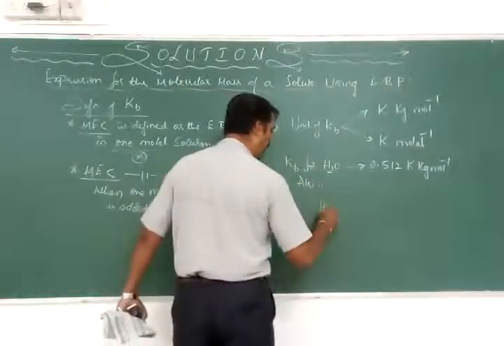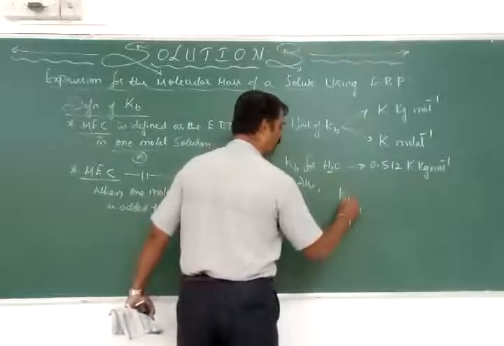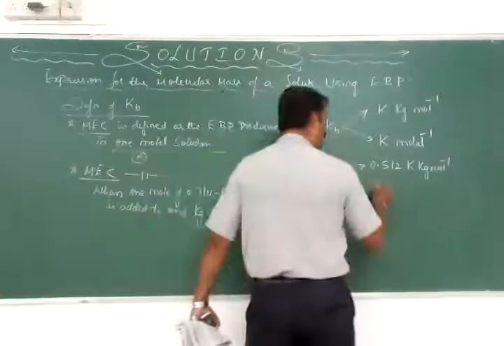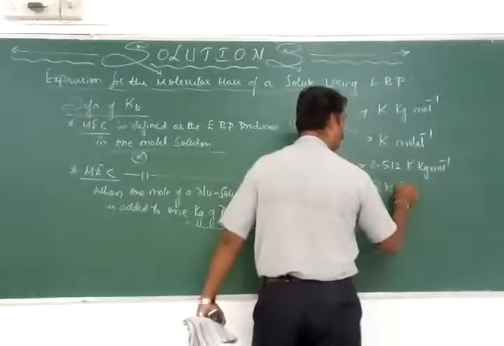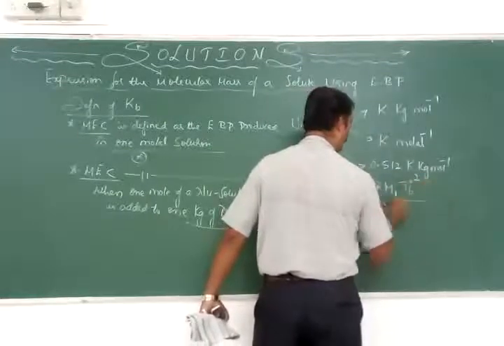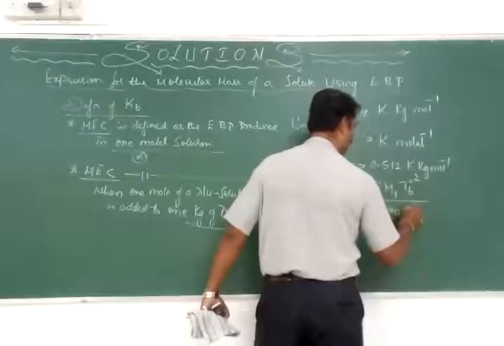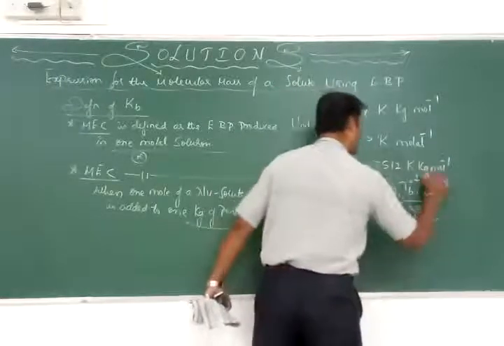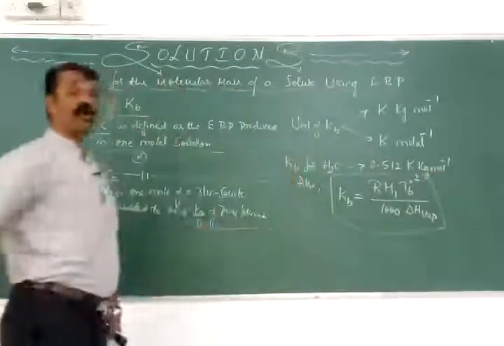Also, Kb can be calculated as R M1 Tb naught square divided by 1000 times delta H of vaporization. There is no derivation here, we just need to know the value.